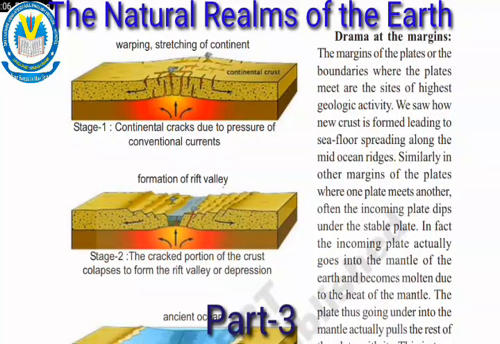Also, we can see here something else. Here we see that when the floating plate comes and meets the stable plate, then there is something called a great force that is happening.